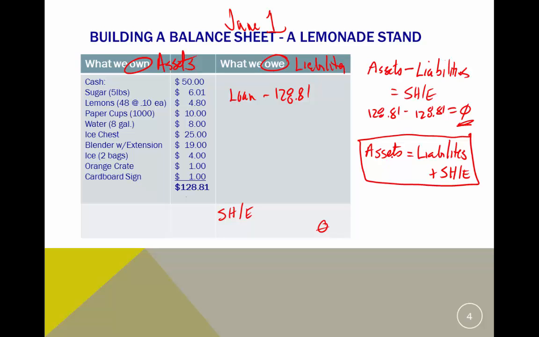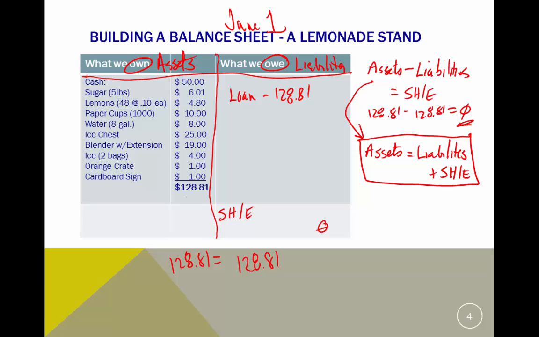If you use this new formula, using our layout here, you can basically manually total up two columns. 128.81 is equal to 128.81. In other words, manually, by shifting from this common sense approach to this slightly modified approach, you can manually check your balance by using what's called double entry accounting.